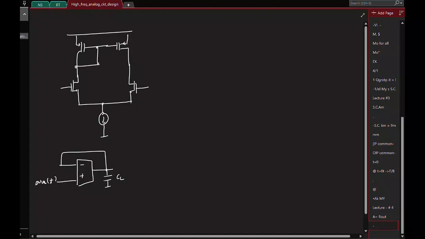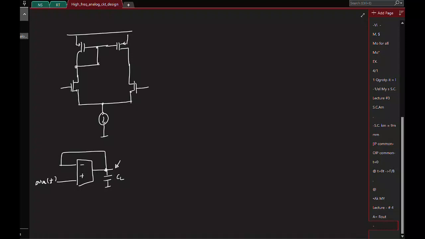We know that the maximum slope for the output occurs at what time instant? At t equal to 0 plus. And at t equal to 0 plus, it's as if the feedback is not yet active because the capacitor is still uncharged. So I can break the feedback, and it's as though I applied a differential step directly to the OTA.